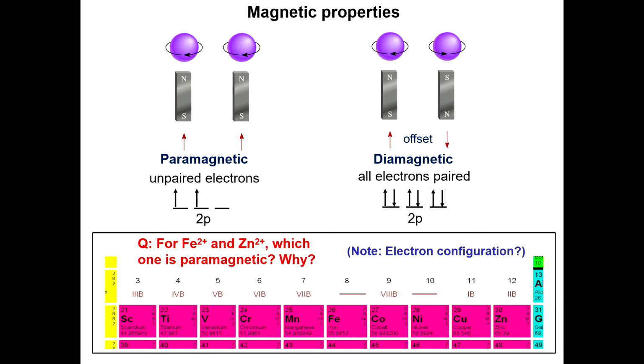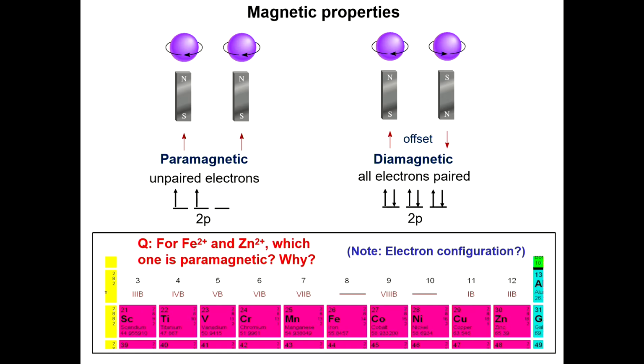They have the same spin direction, and we can say the MS number is 1, right? But in this case, what is the total MS number? 0. Yes. So basically, for this we will show the magnetic properties. They will offset each other.